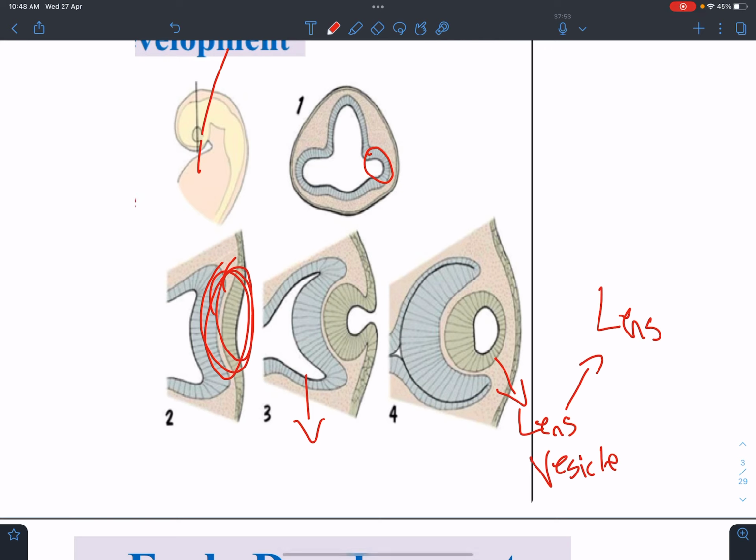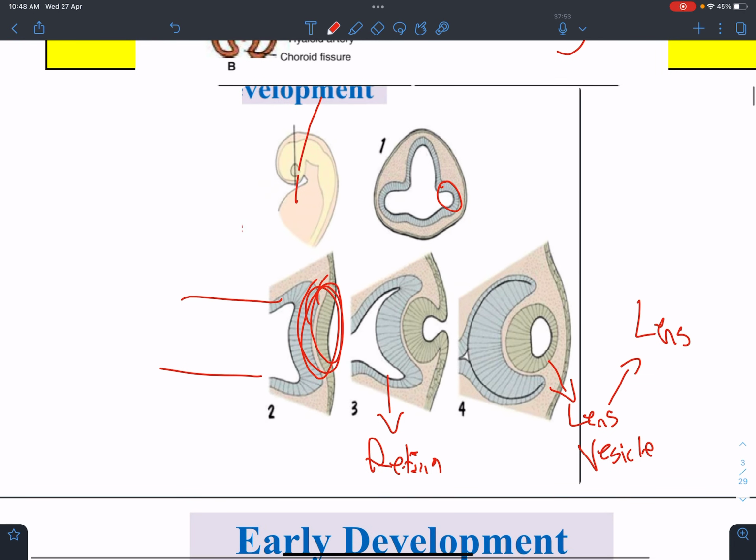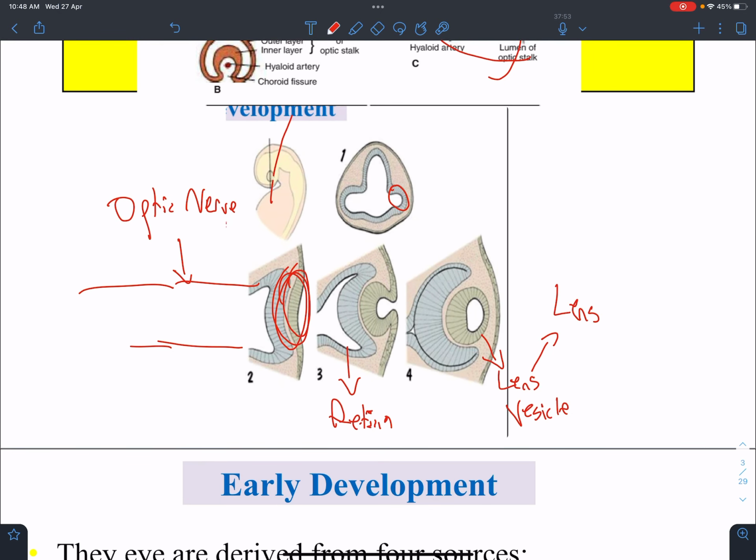The optic cup, as we said, consists of two walls, which we will see. This will give you the retina. The optic stalk from behind, connecting it with the diencephalon, is going to give you the optic nerve. So what did we learn so far? The eye develops from four sources, and we looked at two of them.